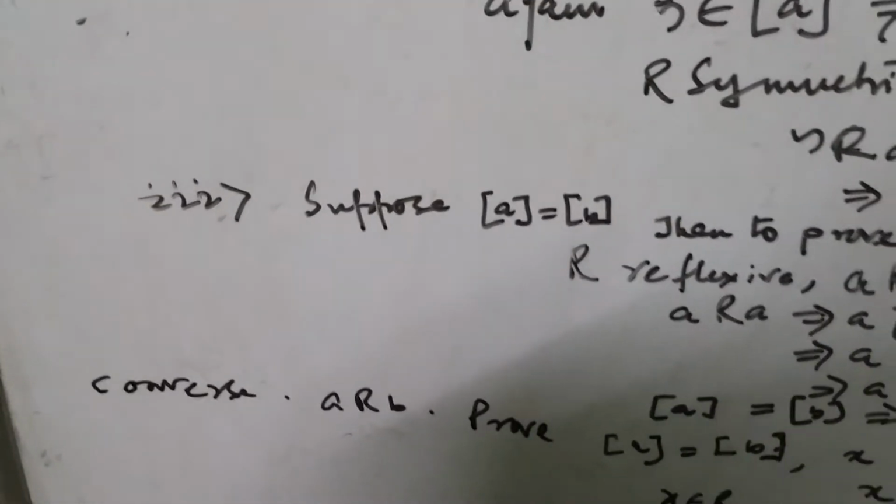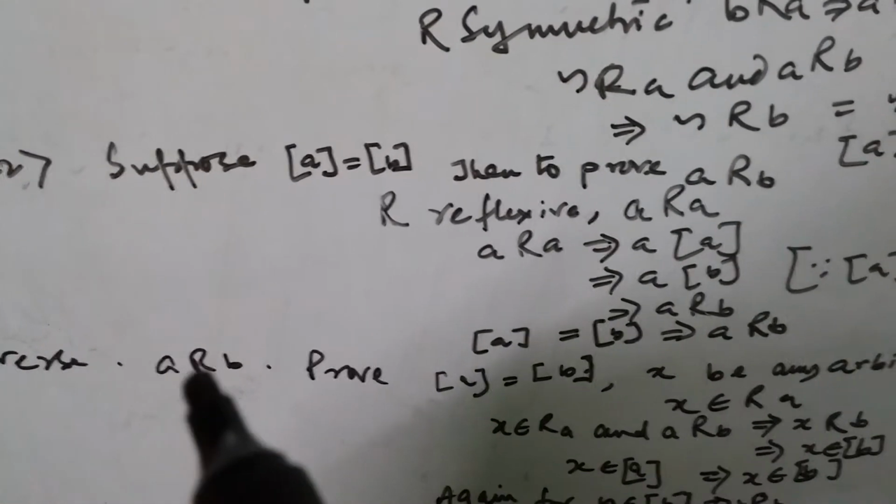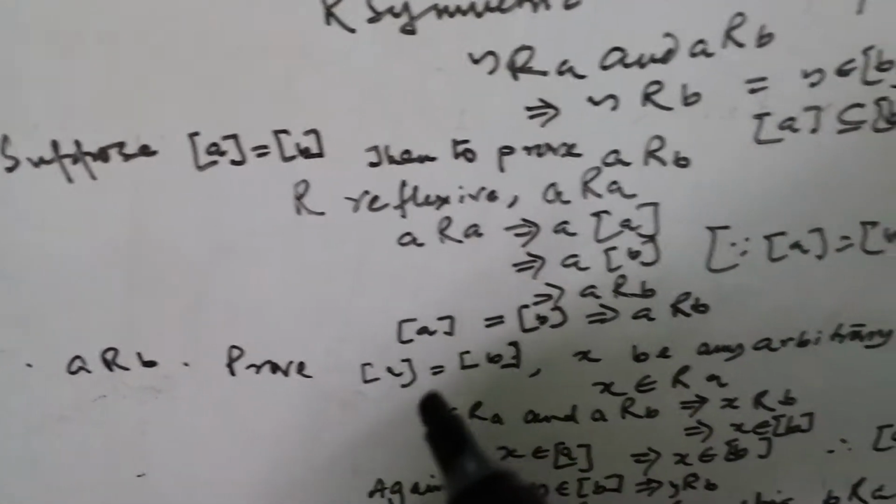Now we have to prove the converse. If aRb, then prove [a] is equal to [b].